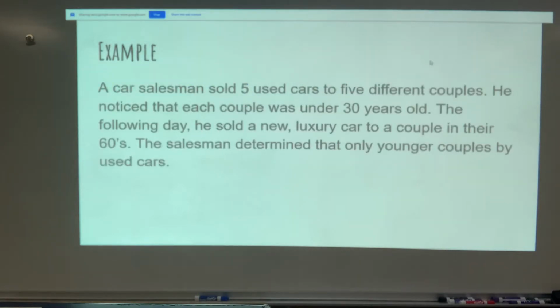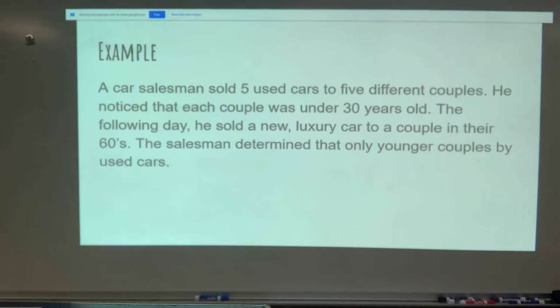For example, all right, I'm going to read this out for you real quick. A car salesman sold 5 used cars to 5 different couples. He noticed that each couple was under 30 years old. So it's a younger couple. They're buying used cars. The following day, he sold a new luxury car to a couple in their 60s. And the salesman determined that only younger couples buy used cars.